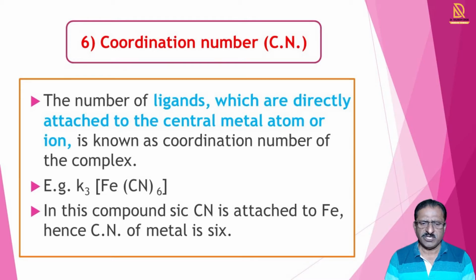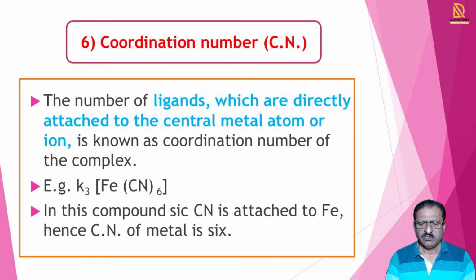K3[Fe(CN)6] is one of the examples. In this compound, CN is attached to Fe, and 6 CNs are attached directly to Fe. And so the coordination number of this Fe metal is 6. So we say that in K3[Fe(CN)6], the coordination number of Fe is 6.